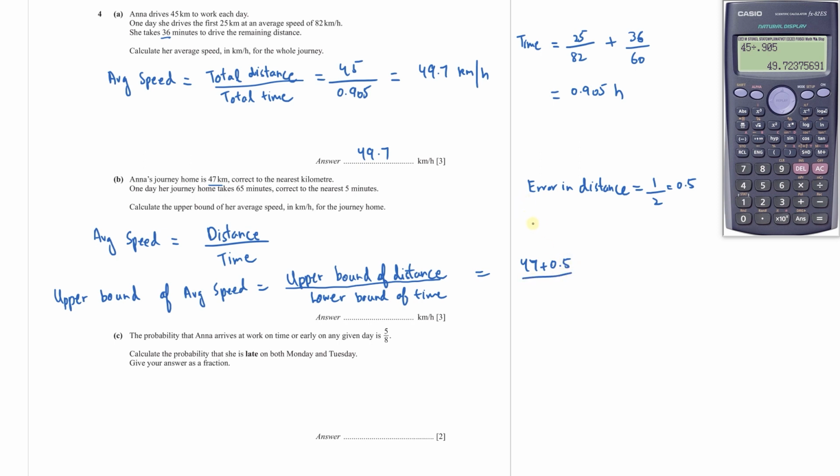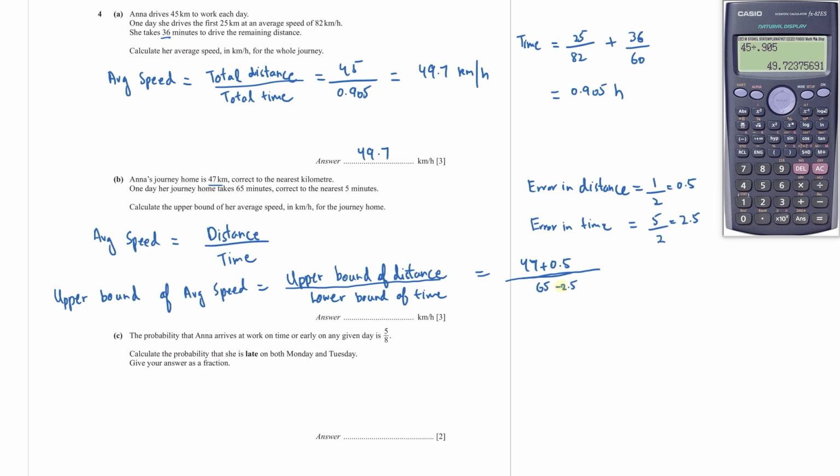First, we need to know the error in time before calculating the lower bound of time. The time is correct to the nearest 5 minutes, so the error in time will be 5 divided by 2, which is 2.5. So the lower bound of time is 65 minus 2.5.